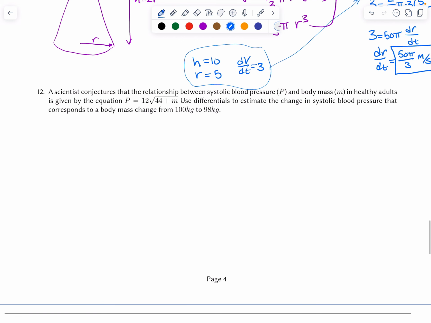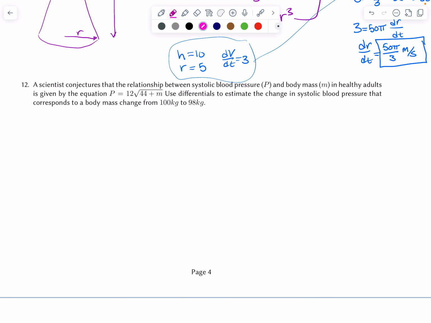Final one. Okay, so this we're using differentials for. We're given that the systolic blood pressure is 12 times the square root of 44 plus m. And don't go show this to any actual medical doctor because I just made that up, all right?